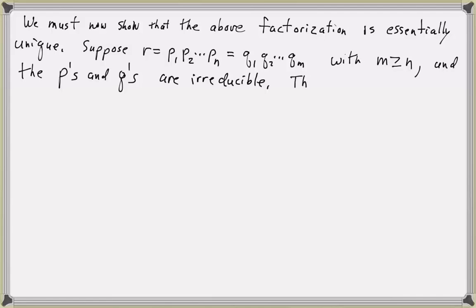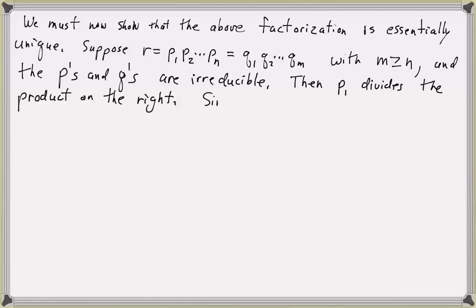Then looking at this equation, we see that p1 divides the right-hand side. So it divides the product on the right. And recall that we're in a principal ideal domain. We have proved earlier that every irreducible element of a PID is also a prime element.